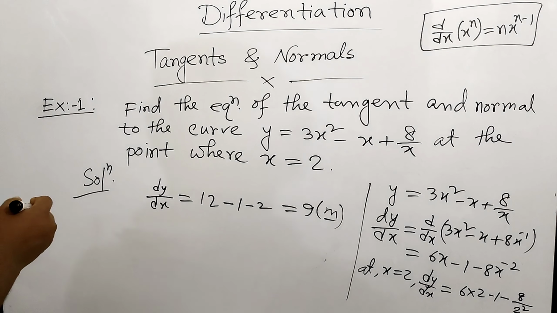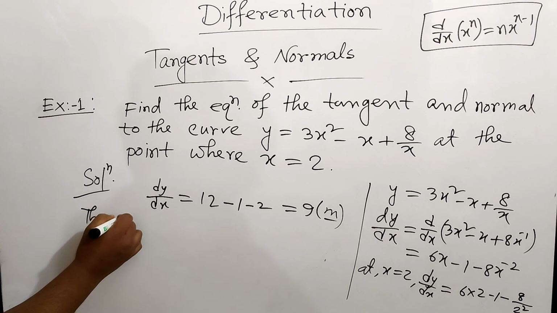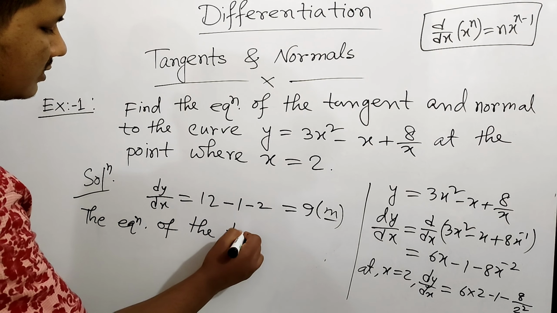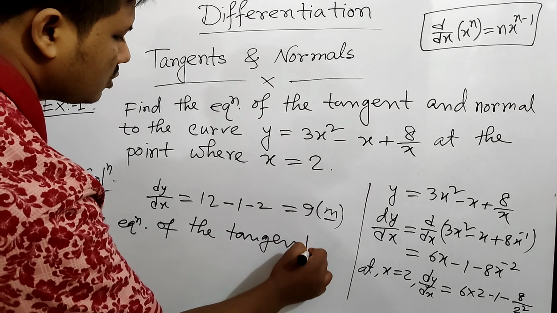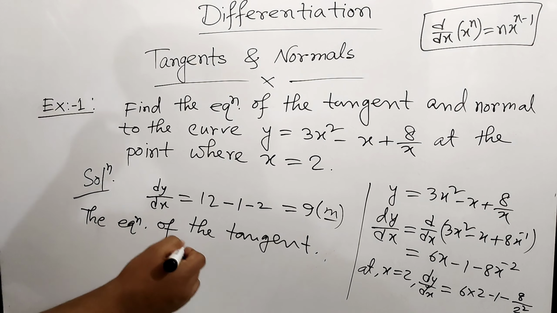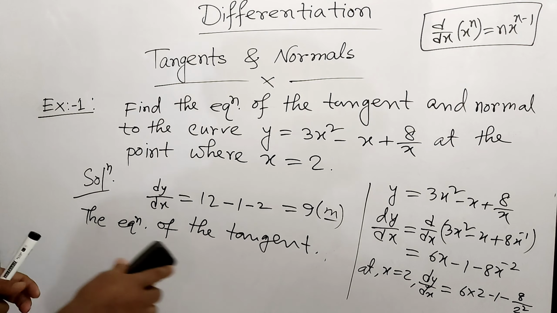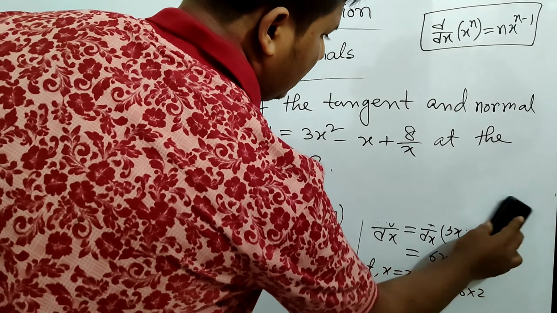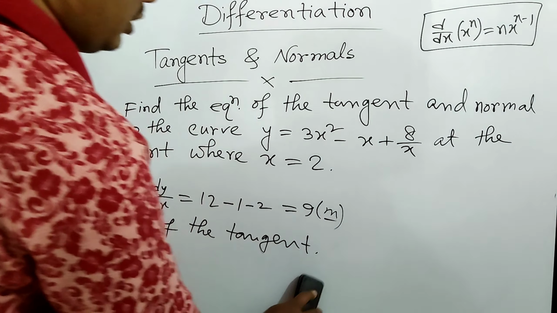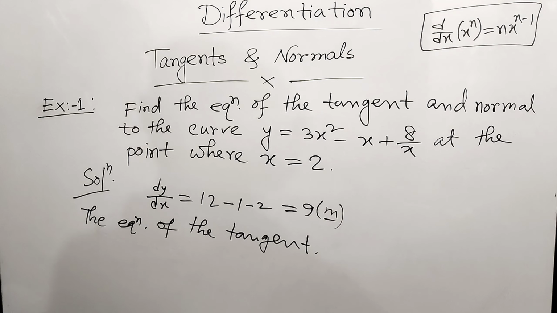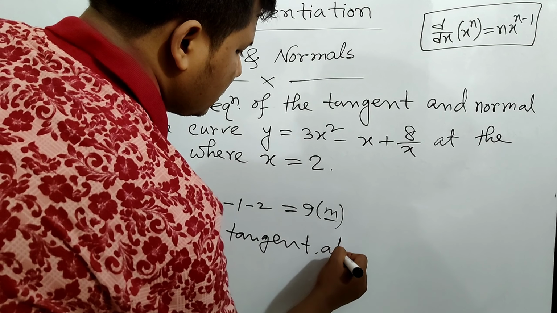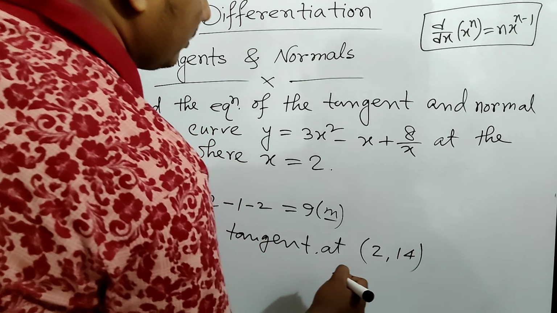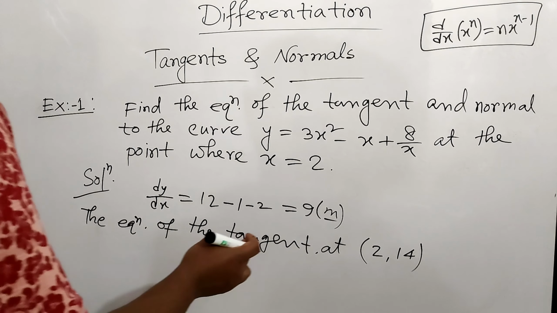Okay, so now the equation of the tangent. Now we can erase this part for finding the equation. The equation of the tangent at point (2, 14).